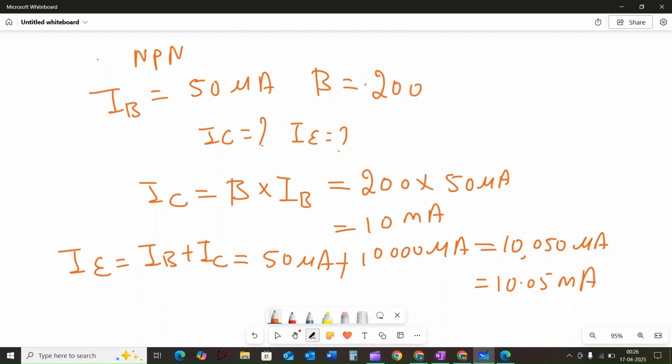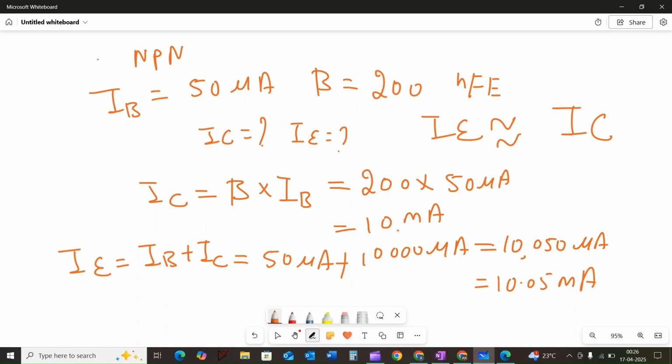Notice that when beta, which we can call HFE, is large, typically greater than 100, the emitter current IE is approximately equal to the collector current IC.